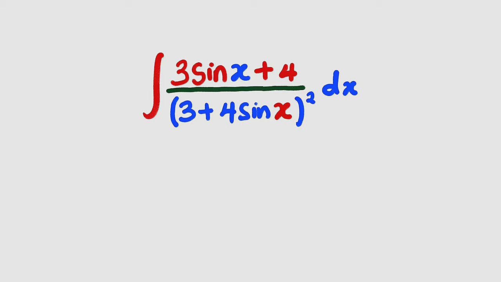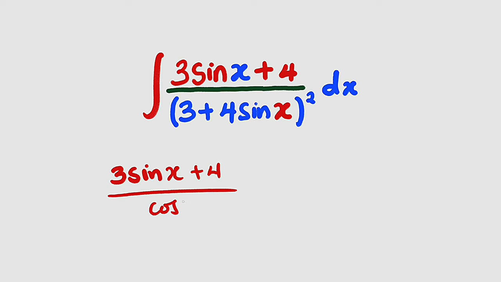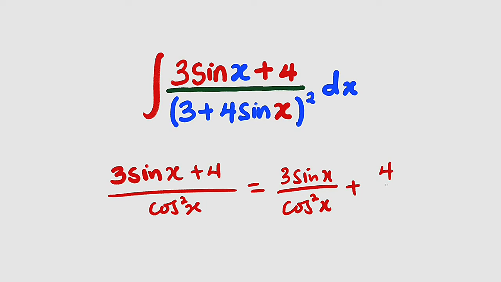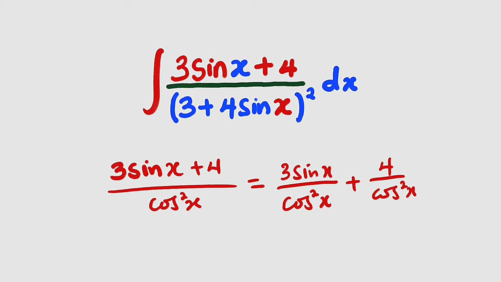Let me start with the top. If I take the whole of this, 3 sin x plus 4, and I divide it by cosine squared x, this is the same thing as 3 sin x divided by cosine squared x, plus 4 divided by cosine squared x.